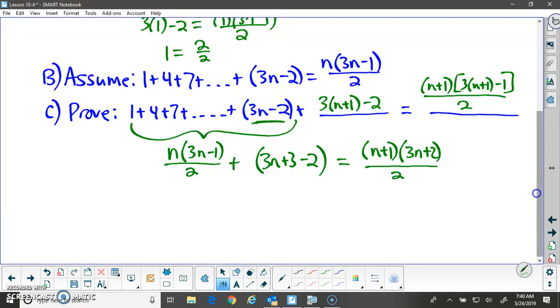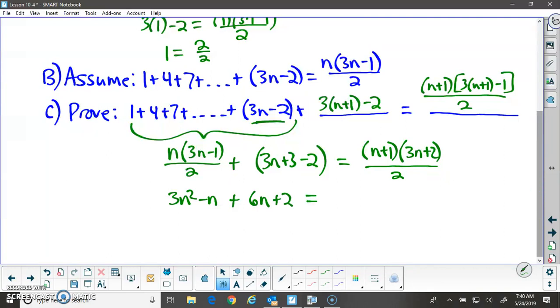Simplifying now, if I multiply everything by 2, I'm going to get rid of my fraction, so I'm going to do that now. I'm also going to distribute, so that gives us 3n squared minus n plus this next set of parentheses simplifies into 3n plus 1 multiplied by 2 gives us 6n plus 2.